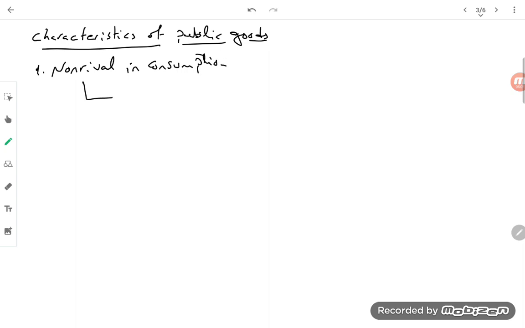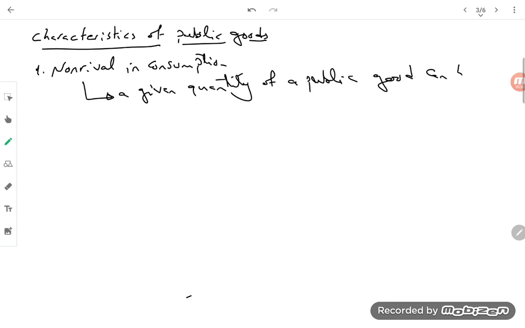Non-rival means a given quantity of a public good can be enjoyed by more than one individual without decreasing the amount enjoyed by other people.